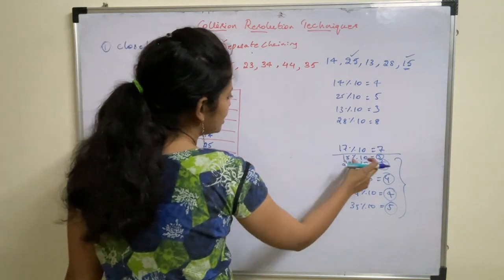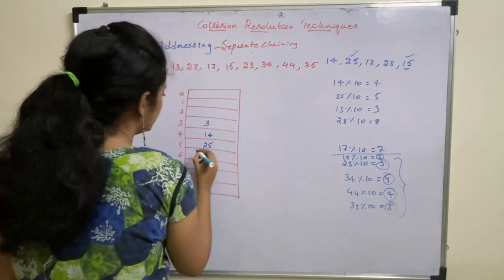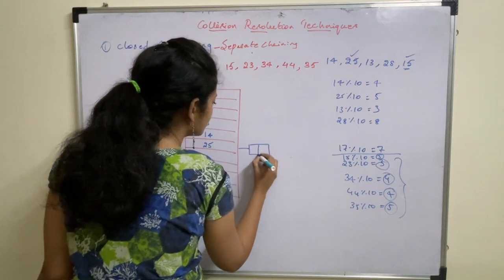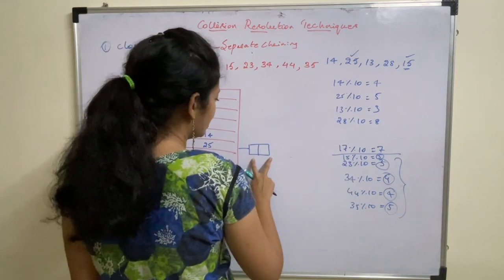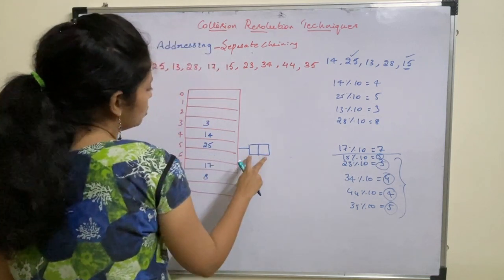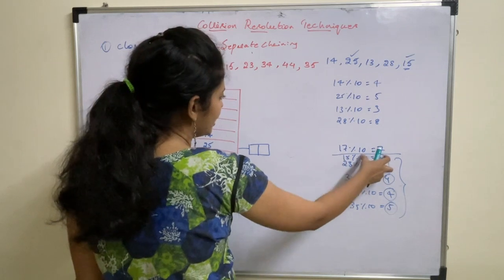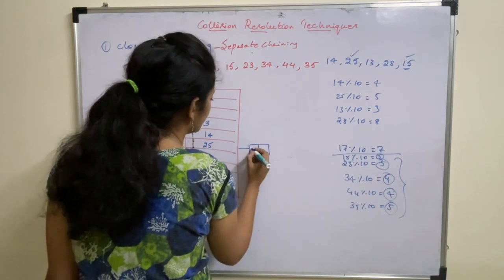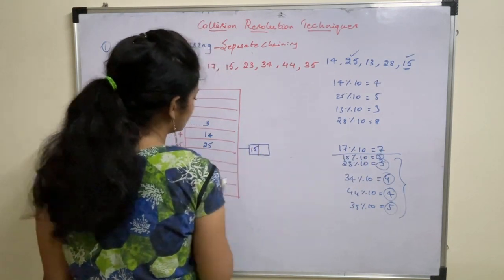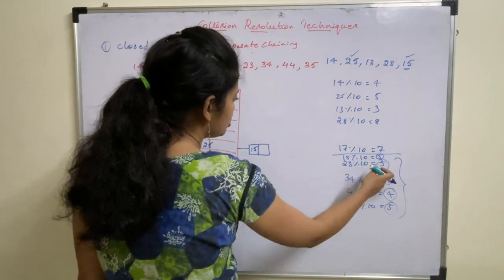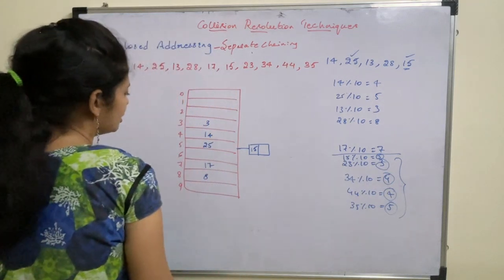Now in order to insert the record 15, here you need to use a linked list. In a linked list, a node contains a data field and an address field, right? So let us place this record in the data field. So 15 will be stored here. After that, take 23 mod 10, that is 3.